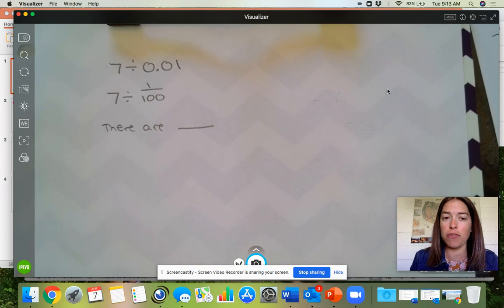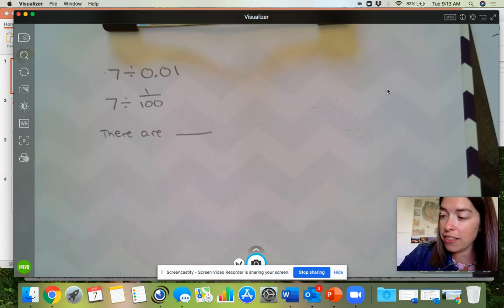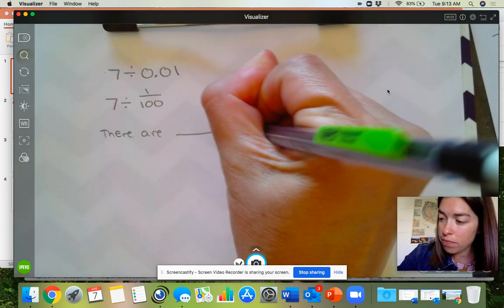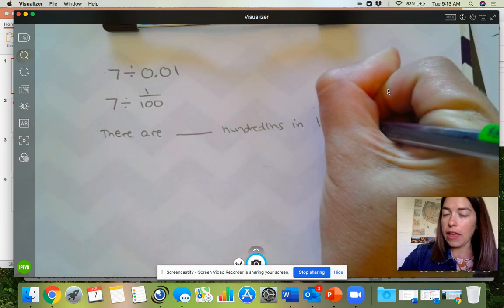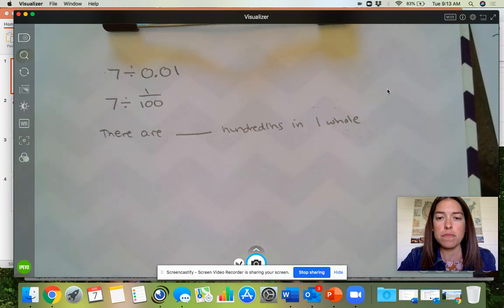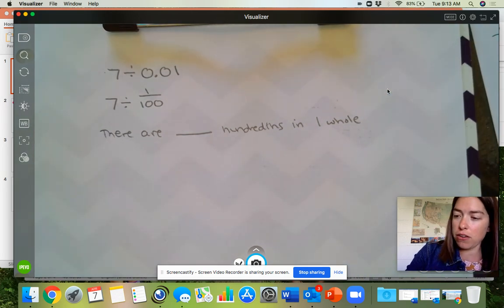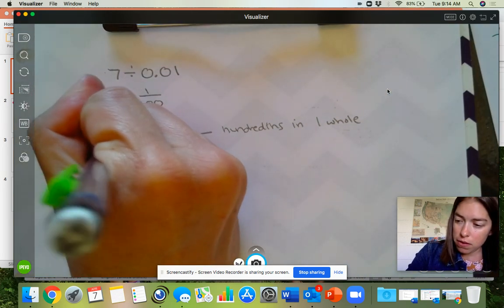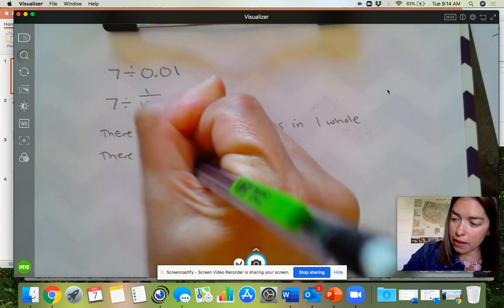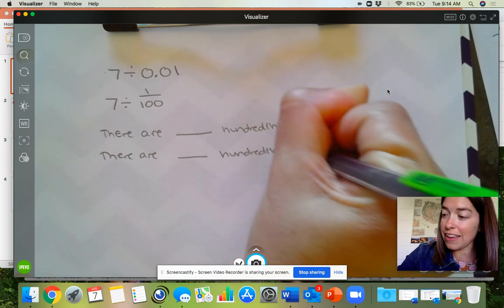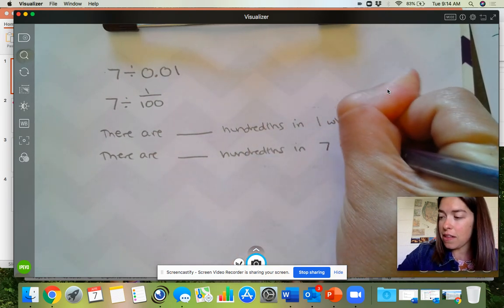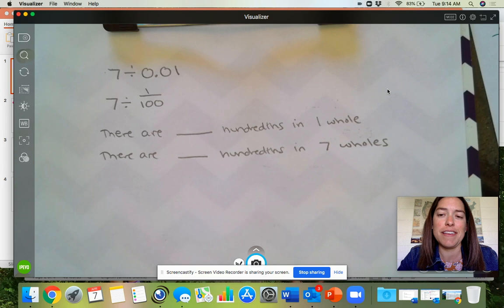So I need to know there are blank hundredths in 1 whole, because this will help me to figure out there are blank hundredths in 7 wholes. All right, this one's a little trickier, but I want to see if you can try it on your own. Don't get tricked.